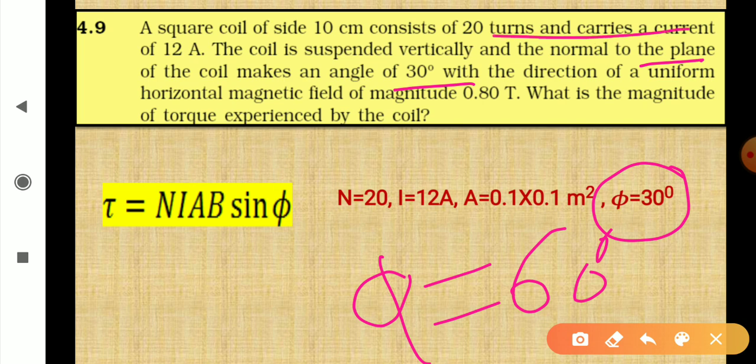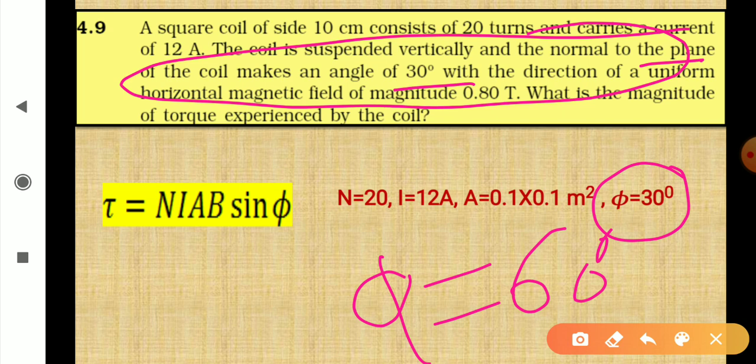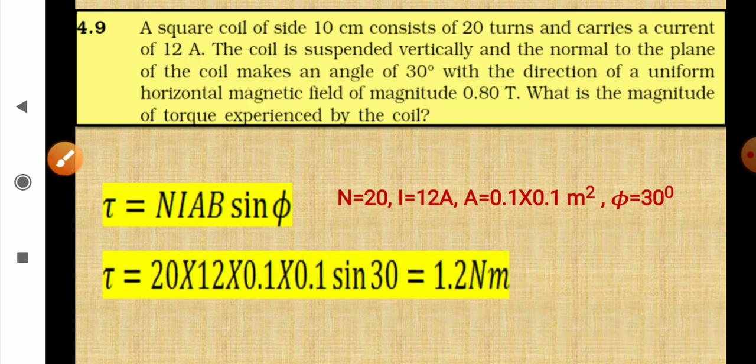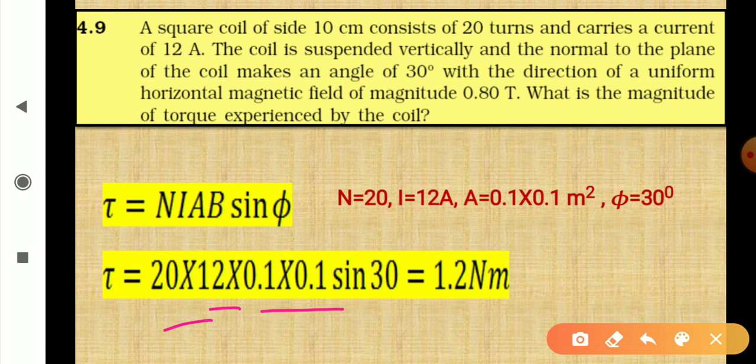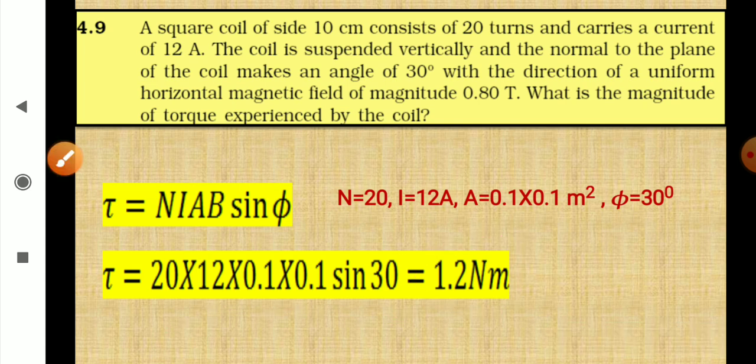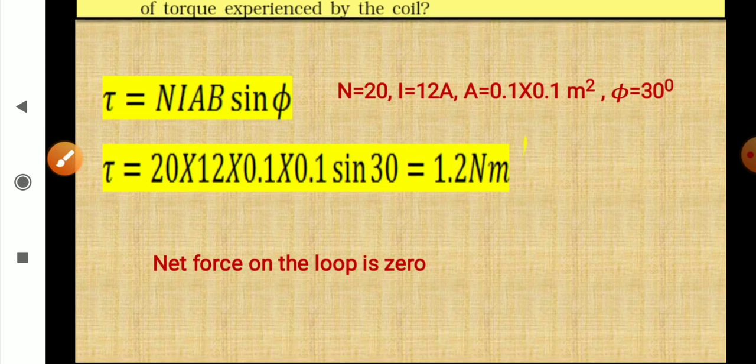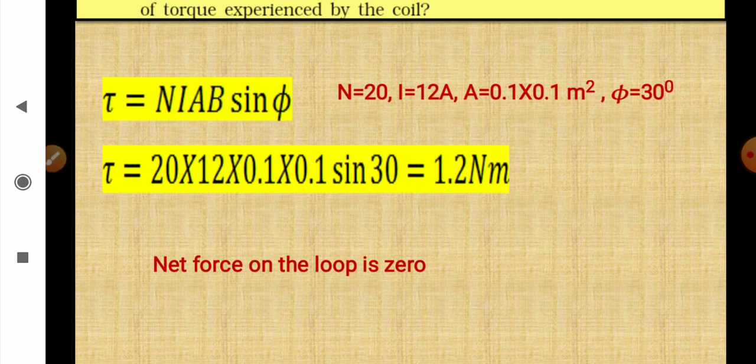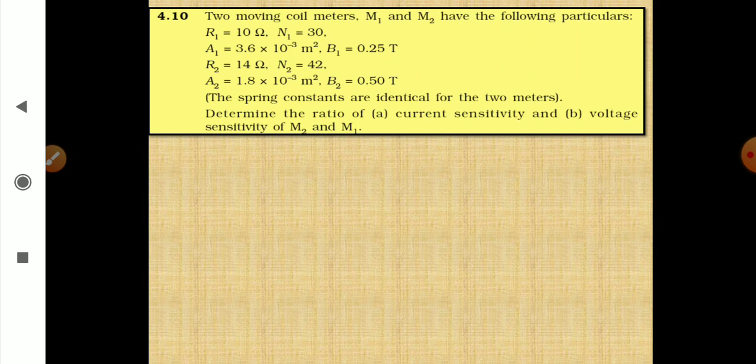So you must pay attention to this part which creates confusion. Okay, so putting all the values here, torque is equal to 20 into 12 into this one, sin 30 is 1/2 and you get 1.2 Newton meter. Question में पूछा नहीं है but often it is asked. Net force on the loop is 0.